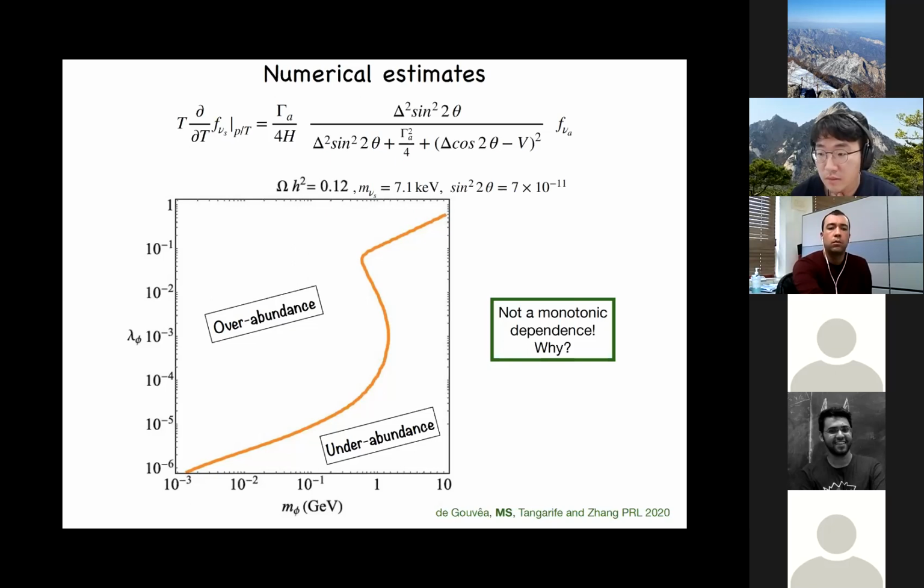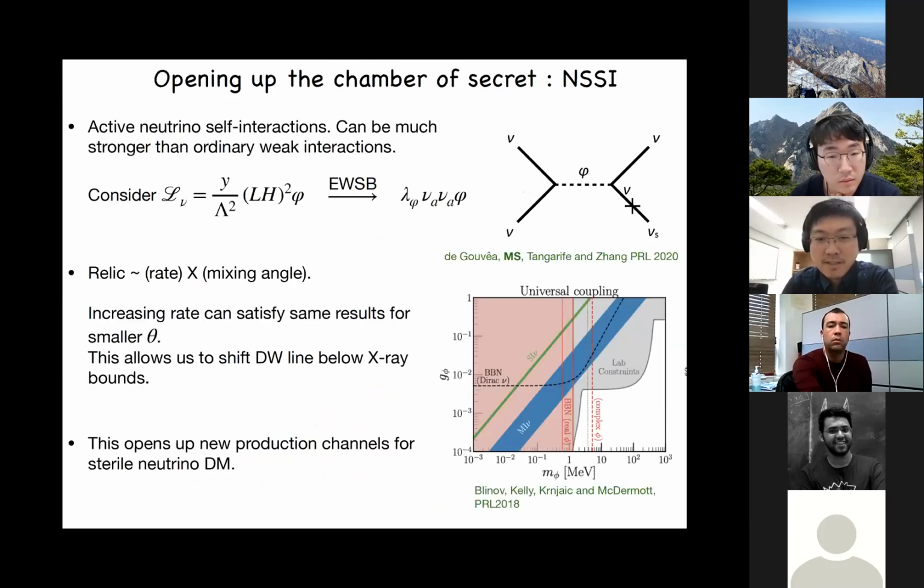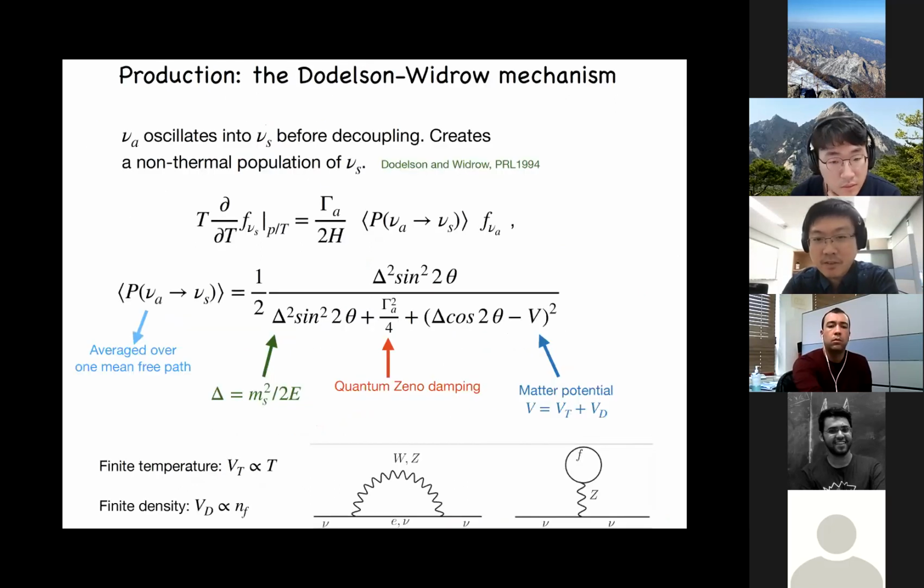I had one question, just out of curiosity, about the Dodelson-Widrow mechanism. So it's basically the sterile neutrino is produced from the oscillation, but we can think of that production as a freeze-in type of process. Yes.